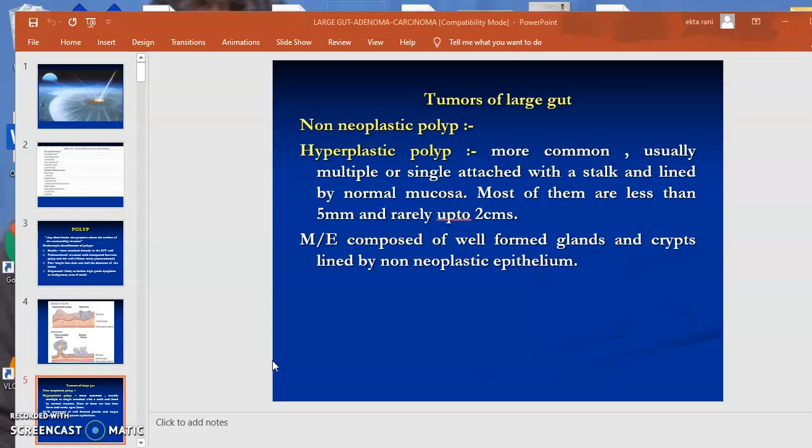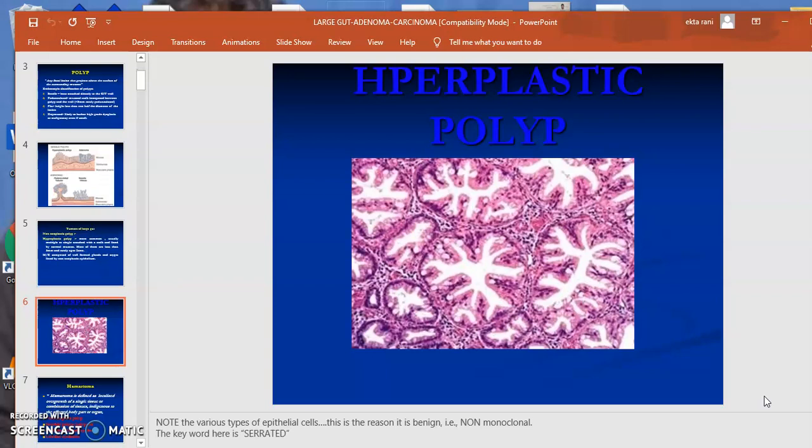Microscopic examination of a hyperplastic polyp shows well-formed glands and crypts lined by non-neoplastic epithelium. So this is a microphotograph of a hyperplastic polyp.